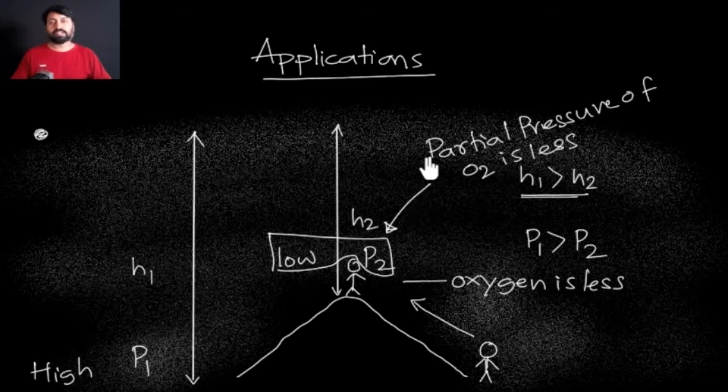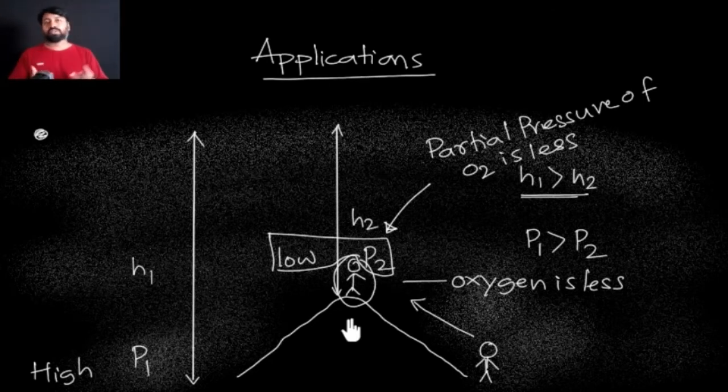If the partial pressure is less, the solubility of oxygen in the blood is also less, and because of that the person gets less oxygen and is unable to think properly. They even find weakness because a sufficient amount of energy is not released. To release energy in the body we need oxygen, which combines with carbohydrate, and then energy is produced. But if the oxygen is less, the energy produced is also less.